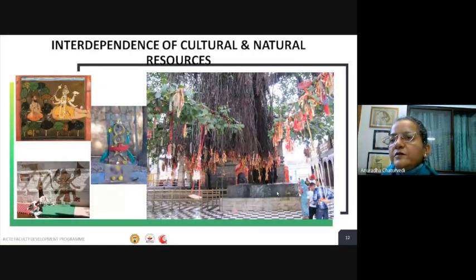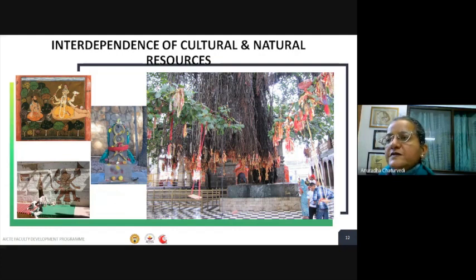So, one of the most important aspects to be taken into account while considering heritage as a resource for achievement of the sustainable development goals is the kind of interdependence between the cultural and natural resources which is there in our country.